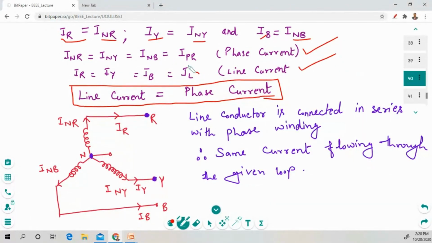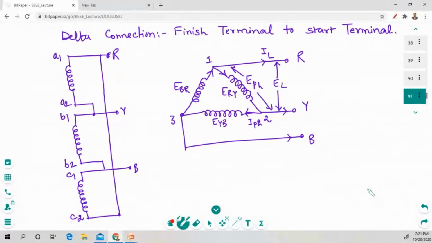So if these currents are flowing through the same branch, they are in equal position. That's why we consider the line current equal to the phase current. As you can see in this figure, delta is connected from the red first terminal to the last terminal. So how can you represent the delta connection?